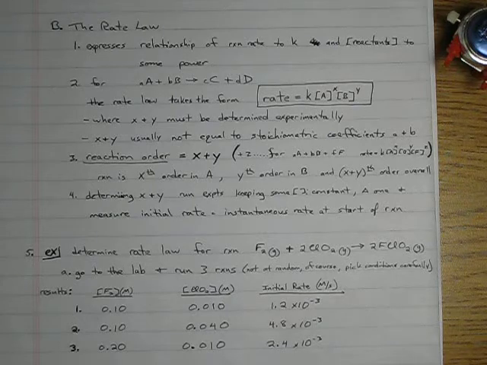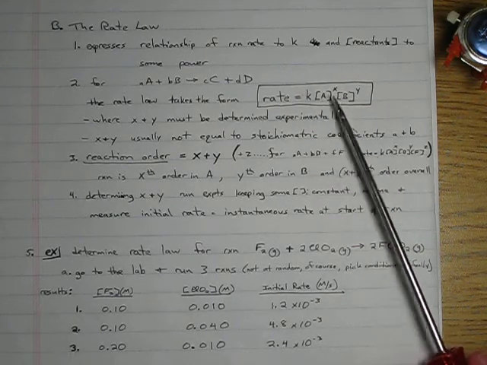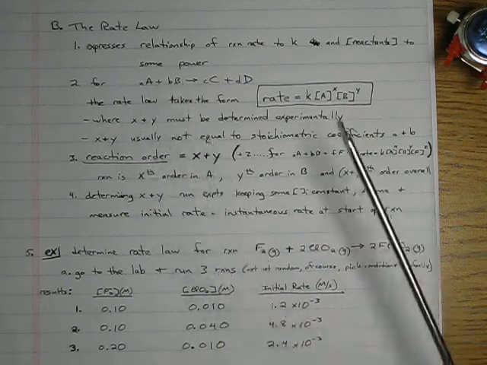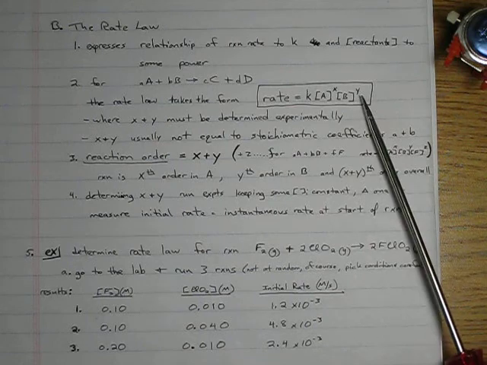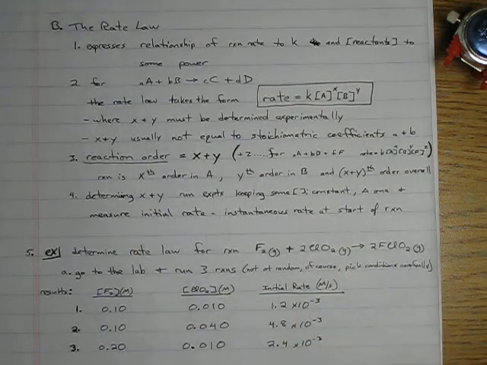Note that we're looking at the rate of the reaction, and we're only looking at our reactants, A and B. And also note that X and Y are not little a, little b. These are not the stoichiometric coefficients. We will find out later, by chance, or by the way it works out, they might happen to be the coefficients at some point.